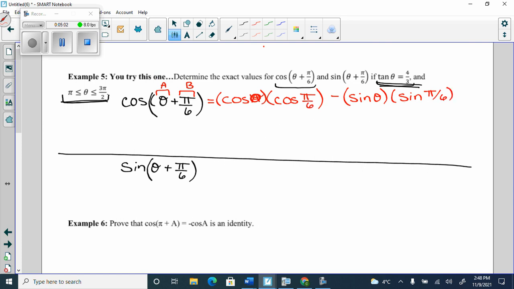Problem is, I have the pi over 6's off my unit circle. Problem is, I don't have the sines and tans, but I can get that from the triangle, right? Have I drawn a triangle? No, so I need to do that first.